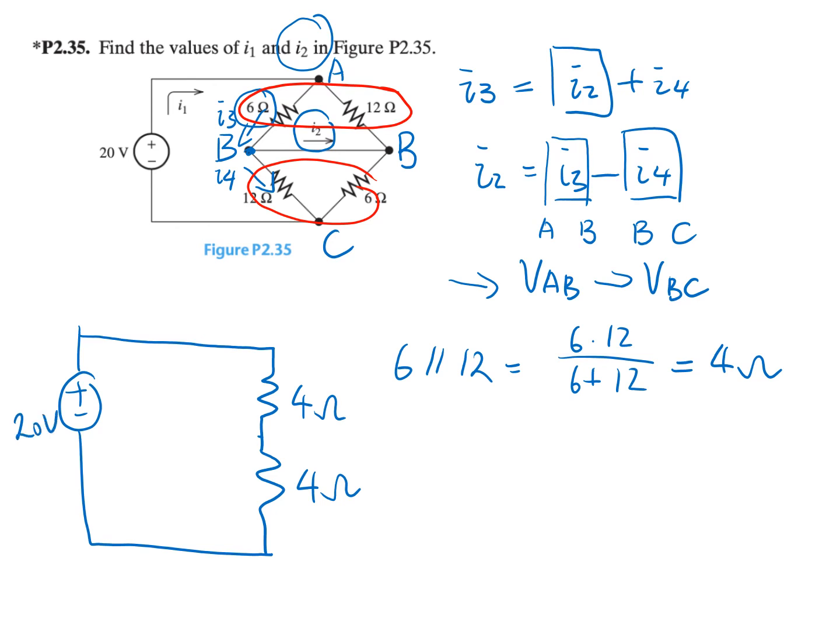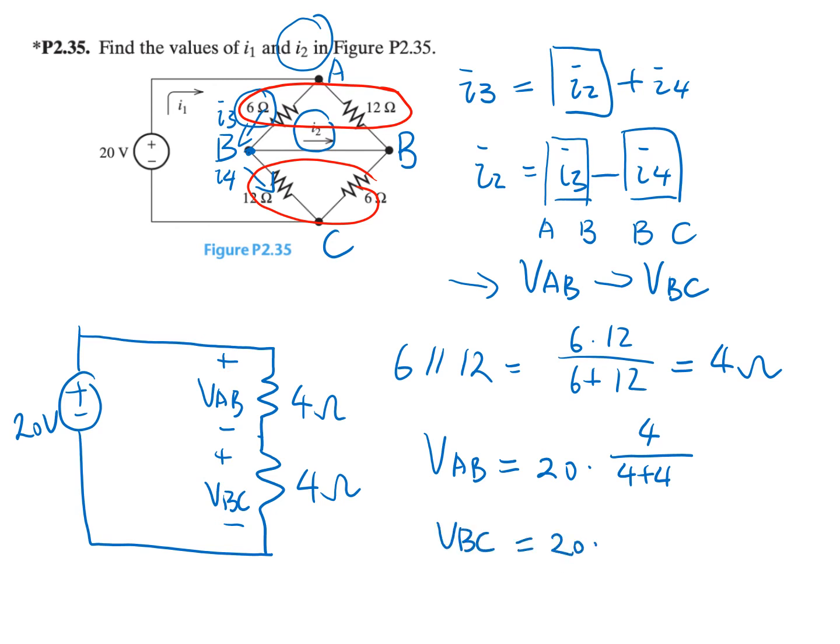By using voltage division, we have this is VAB, and this is VBC. So VAB is equal to 20 times 4 over 4 plus 4, and VBC is 20 times 4 over 4 plus 4. That's 10 volt, and this is also 10 volt.